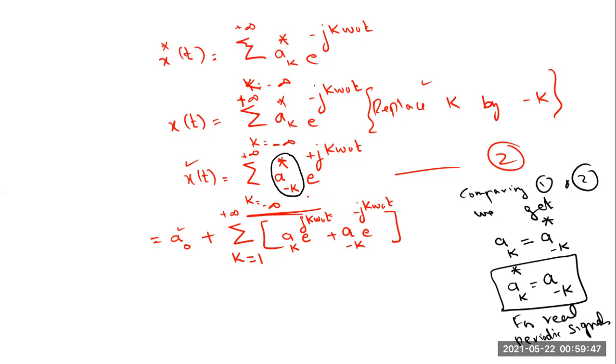So this term was replaced by ak because of this result. And then what I have done is I have separated this summation operator into this form. So now this is the zero term. This will include plus 1 to plus infinity, and this term will involve minus 1 to minus infinity.